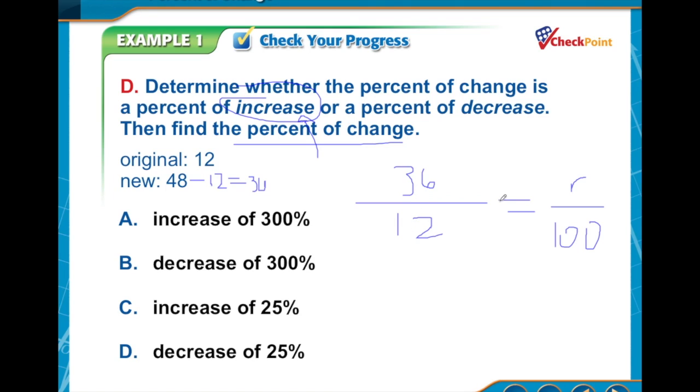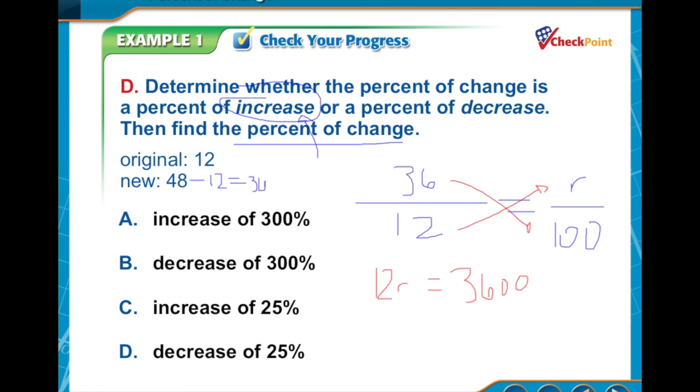Change over original equals R over 100. And now we're back to cross multiplying. So we'll do 12 times R. We all know this very well by now. And 36 times 100. So 12 times R equals 36 times 100. Just add 2 zeros. So that's 3,600.